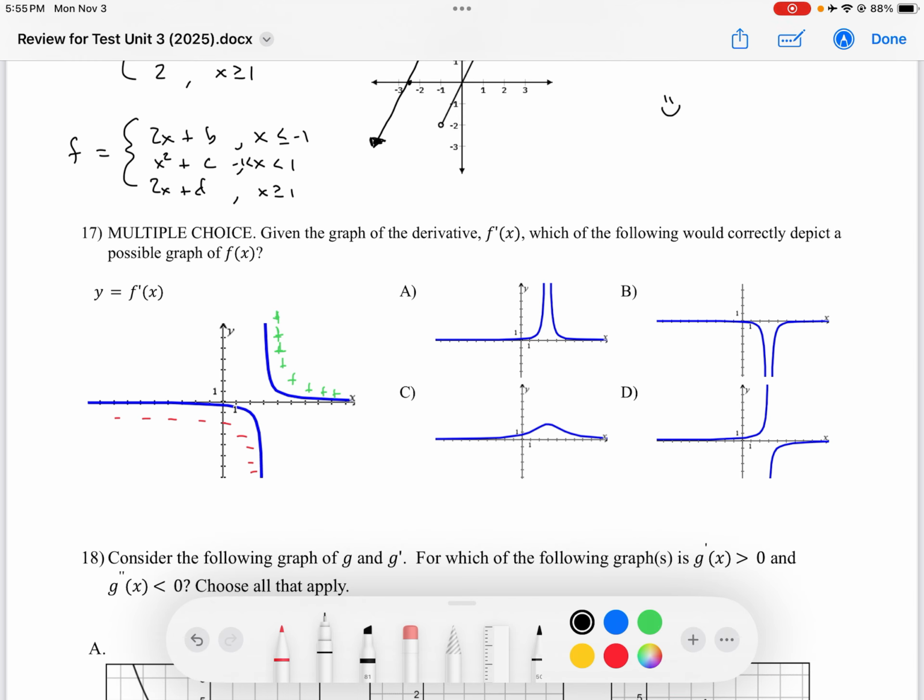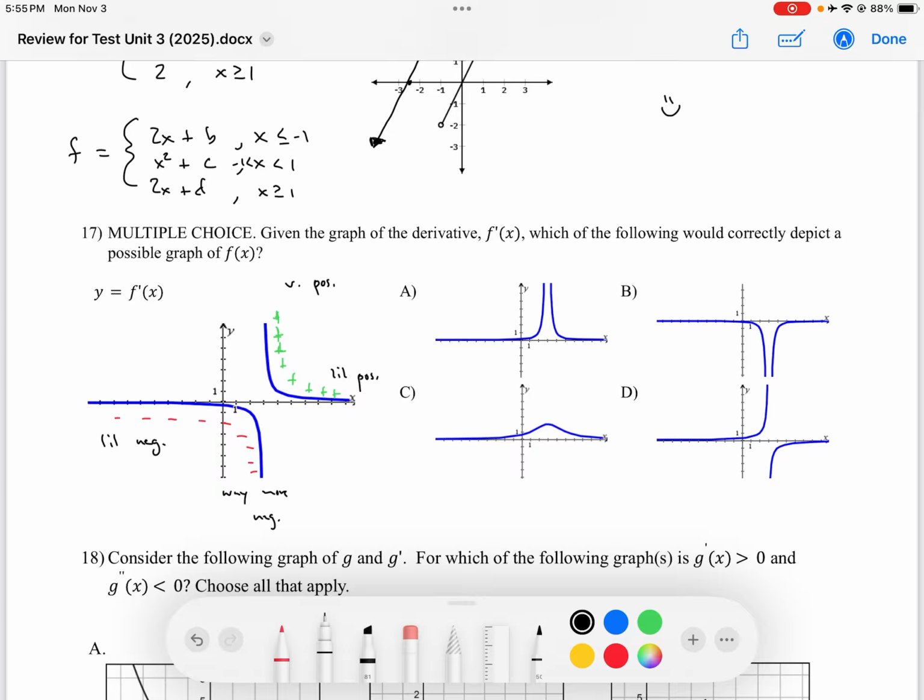They're a little bit negative, but getting way more negative, and then they're very positive and getting less positive.